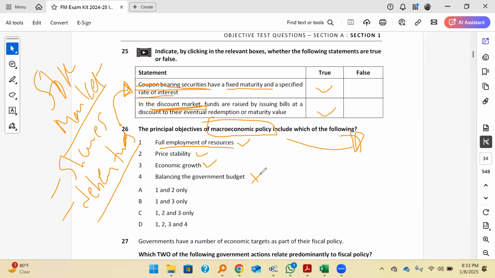So Bank of Uganda is responsible for investing government resources when we have surplus, but also ensuring that there is no inflation, so by ensuring price stability and also economic growth. So those are the three objectives, which means that the answer here will be C.